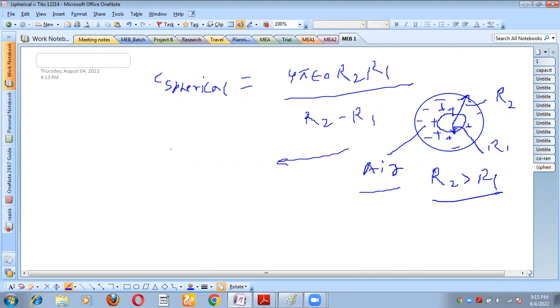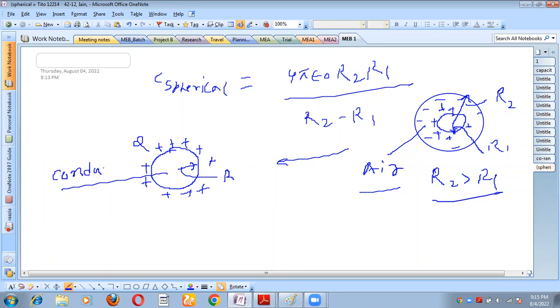The special case is a single sphere having radius r, which can also form a capacitor. Suppose this is a spherical conductor having radius r, then it is also a capacitor.